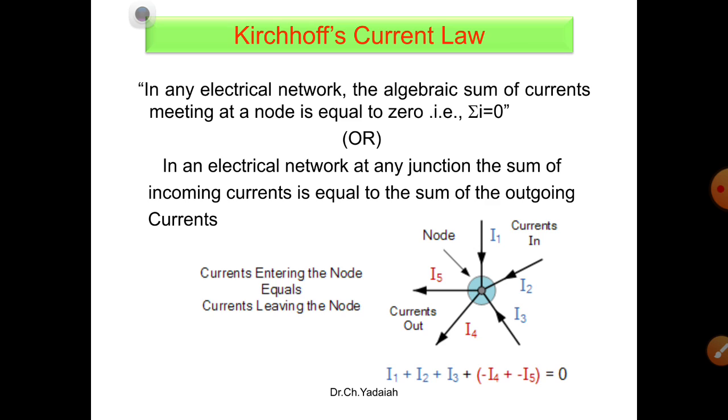At the same time, I4 and I5 are leaving from that junction. The currents are outs, the currents are ins. So I1, I2, I3 is equal to I4, I5. That is, the sum of the currents entering is equal to the sum of the currents leaving. Now, here a sign convention is taken: the entering currents are like the money coming into our pocket.